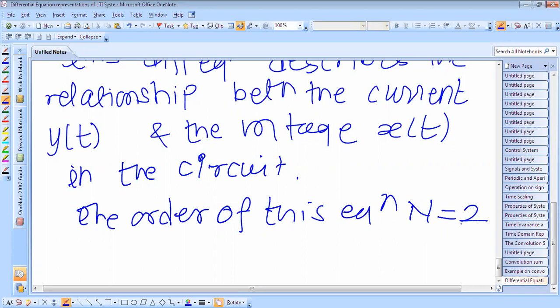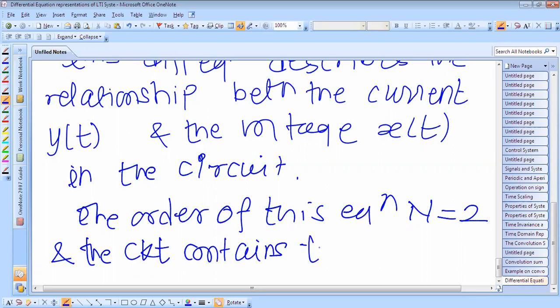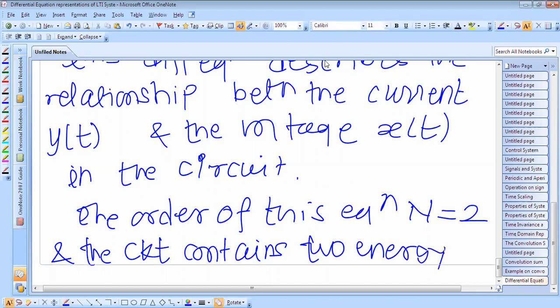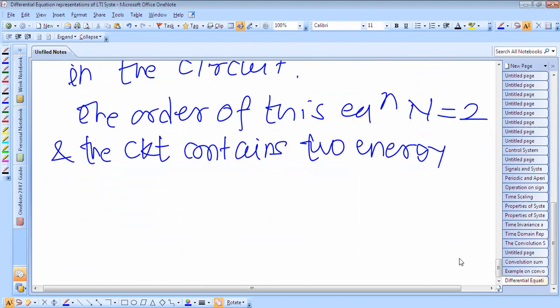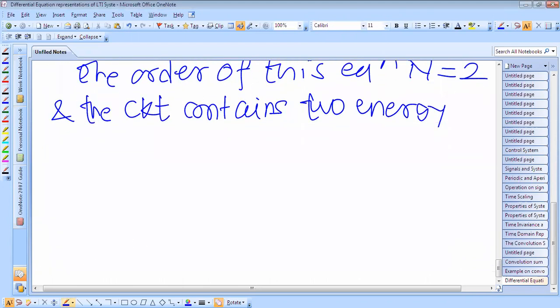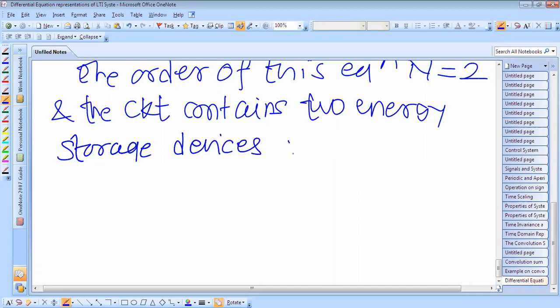That means the circuit contains two energy storage devices. One is capacitor and an inductor.